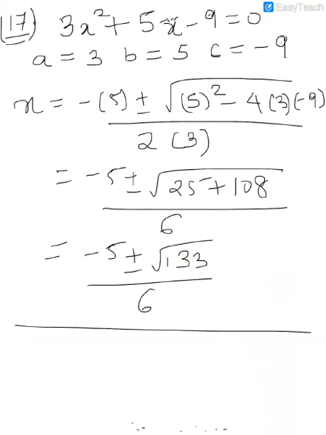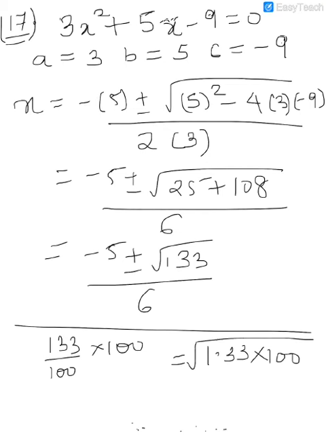Whenever it is beyond 100, you will divide the number by 100 and multiply it also by 100. So I am not changing the number, I am just dividing and multiplying. So when I divide 133 by 100, I have 1.33 into 100, which again comes back to 133, and I need to find the square root of this number.